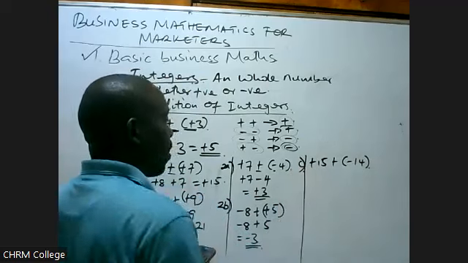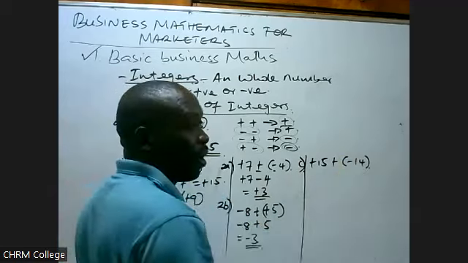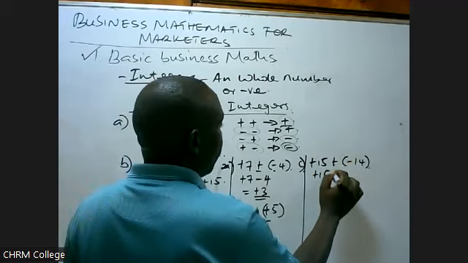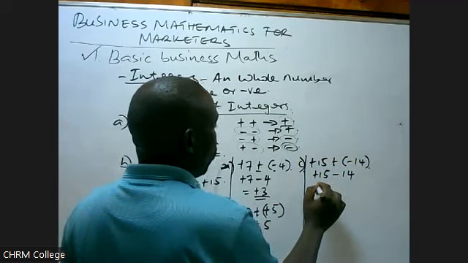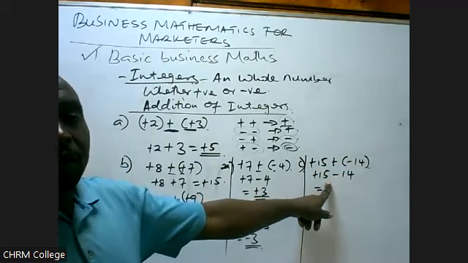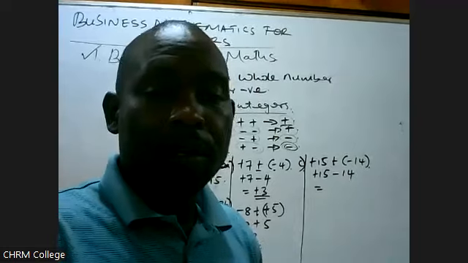This is C. First of all, reduce these 2 signs following each other into 1. It is going to be positive 15, positive and negative is minus 14. So what will be the answer? This is a case whereby you have, let me check.